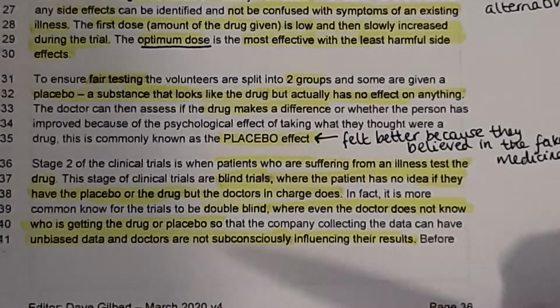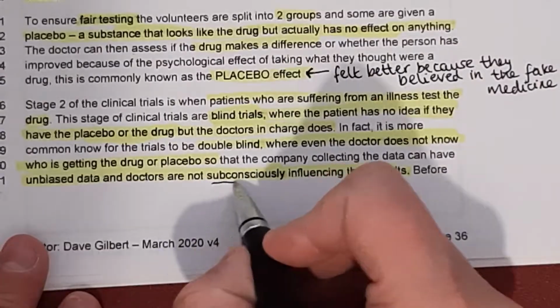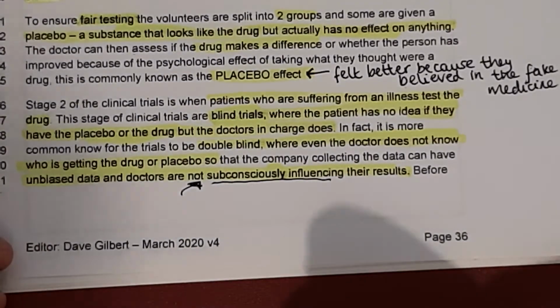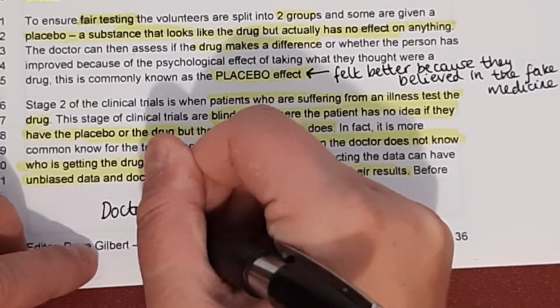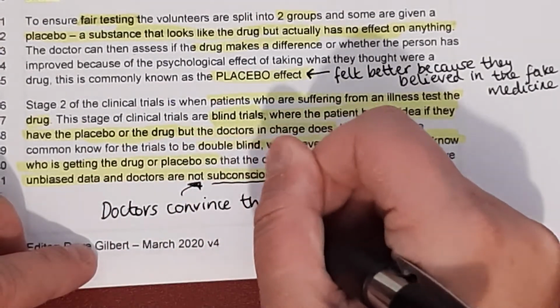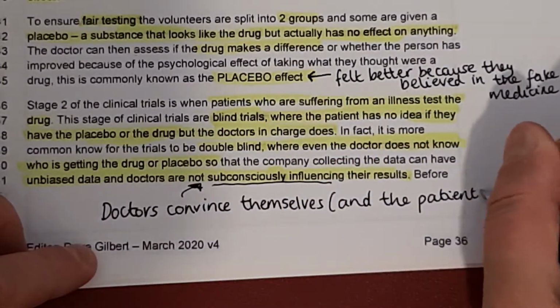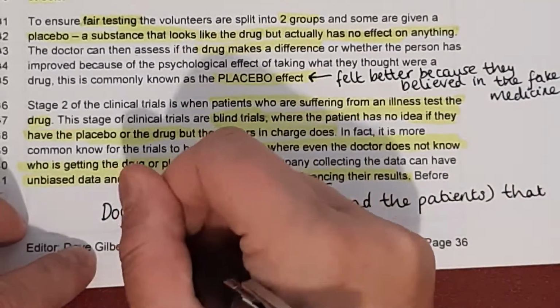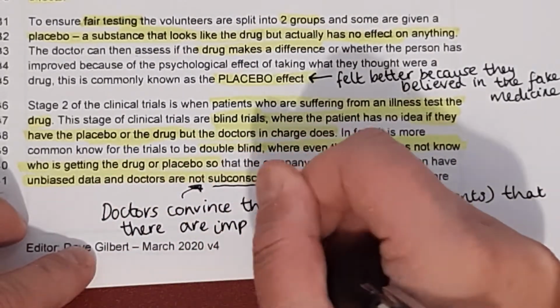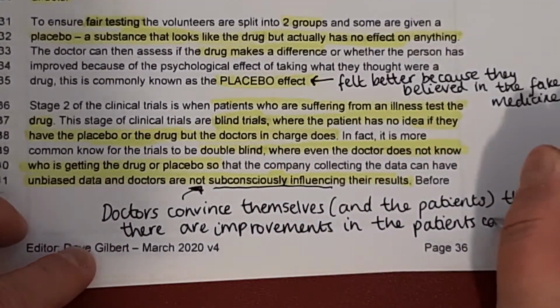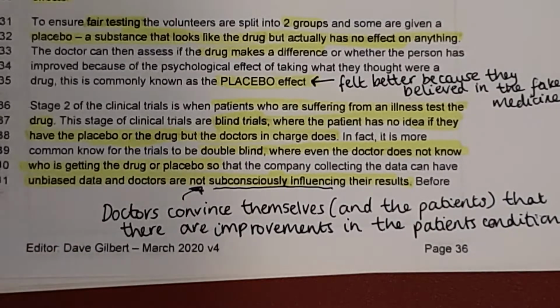So let's write a little note about what we mean by subconsciously influencing the results. They are looking for improvements and convincing themselves there are some where there are not. Make sure you've got these written down.